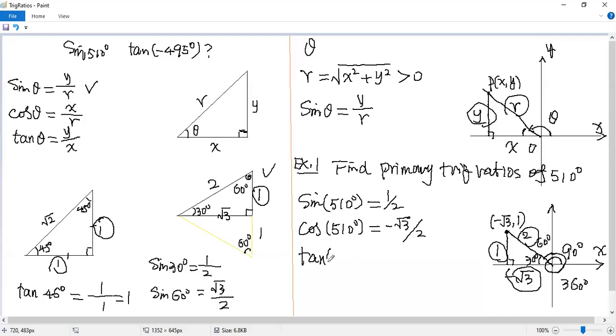Tan 510 equals opposite over adjacent. So we rationalize by multiplying square root of 3 for top and bottom. So we get negative square root of 3 over 3. Now let's look at the next example.